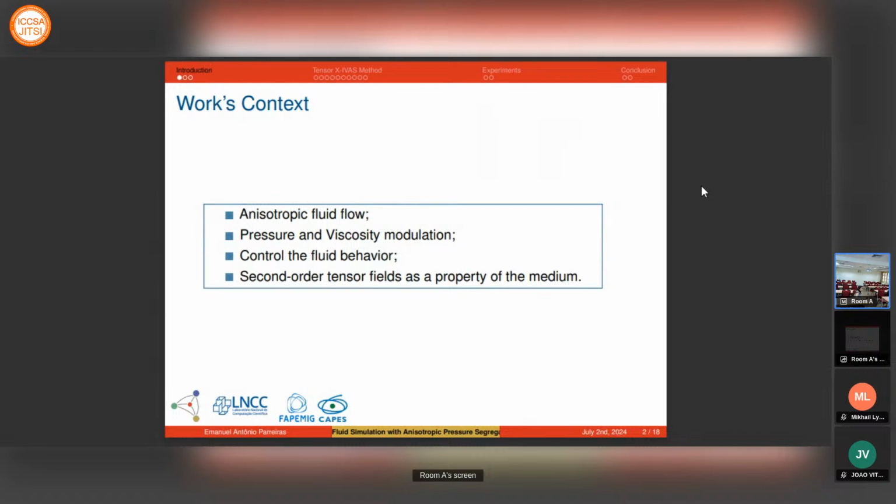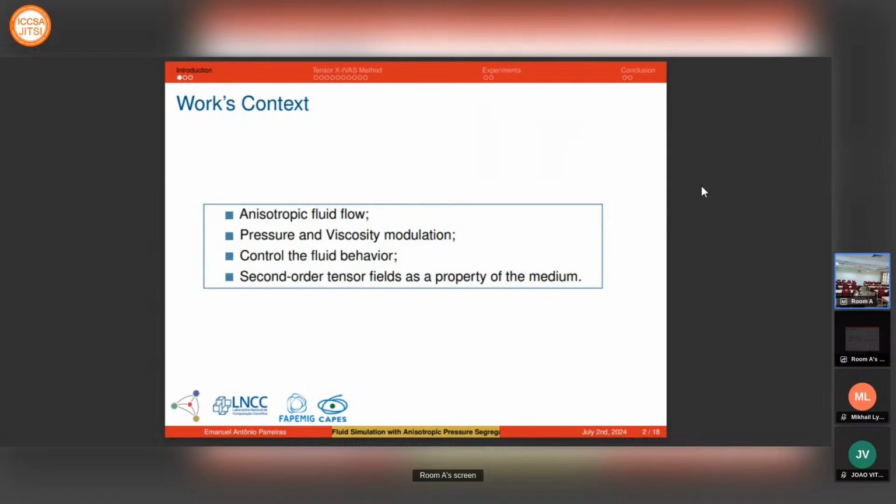In the context of this article, for a few years we have been working with anisotropic fluid flow. The objective of our work is to control the fluid path through an anisotropic medium, aiming to create effects for computer graphics.